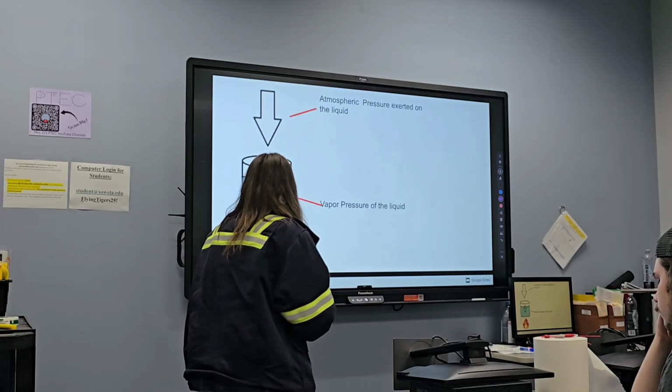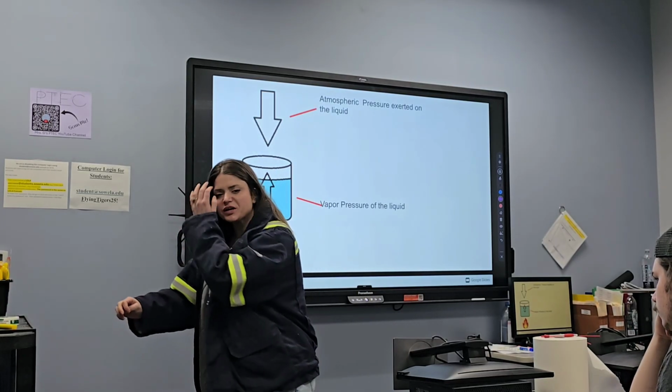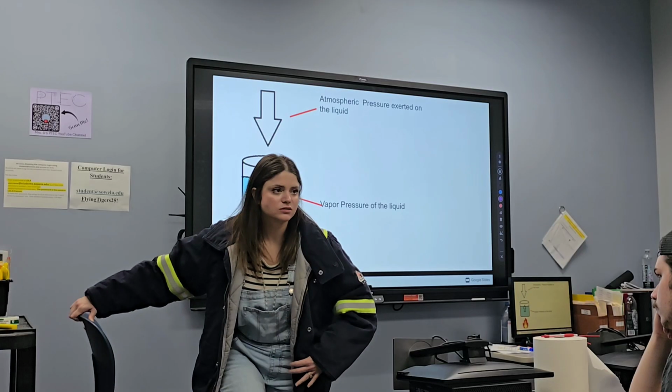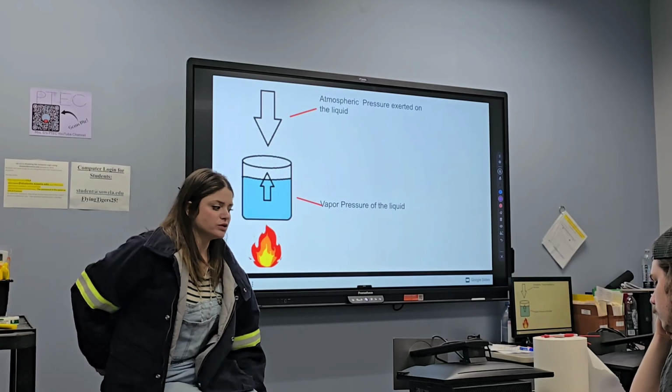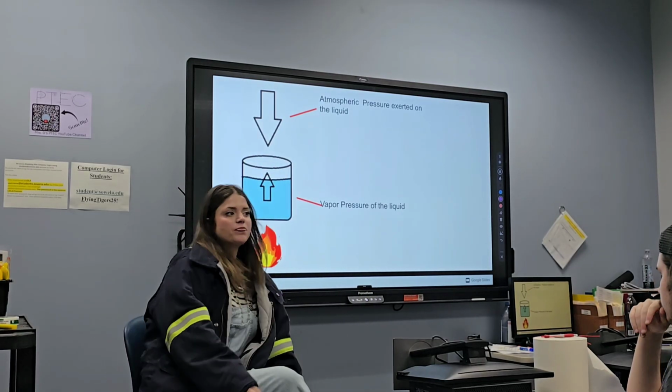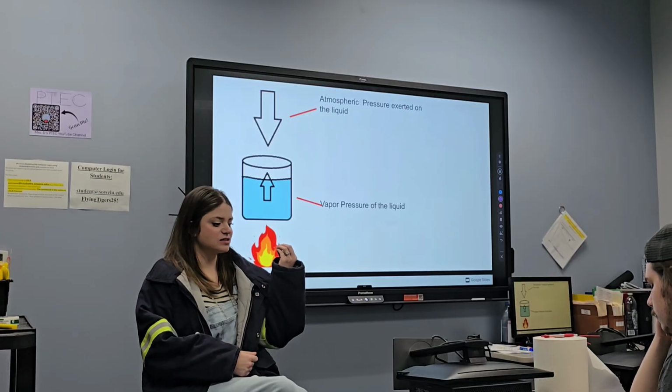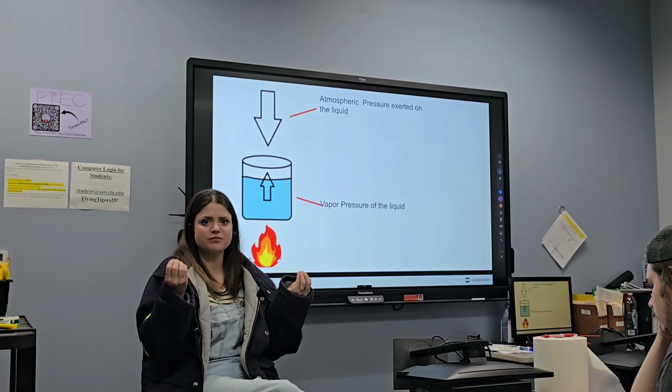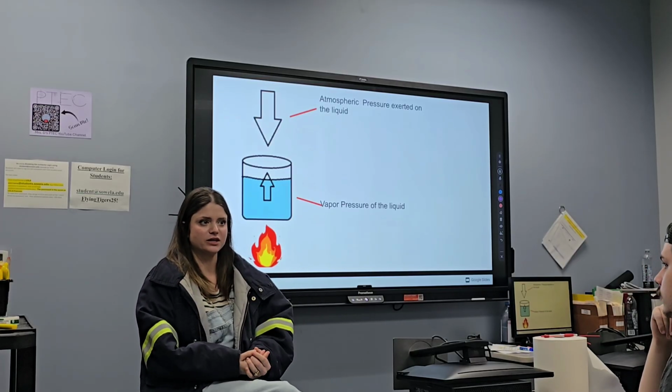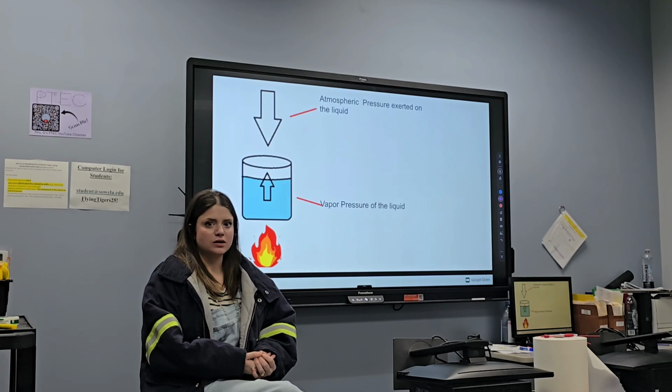Okay. So, what is something else we could do? We learned what a vacuum is, right? What is something else we could do to decrease the boiling point, so we don't have to add as much heat energy, but we can still make our liquid boil? So decrease the atmospheric pressure?